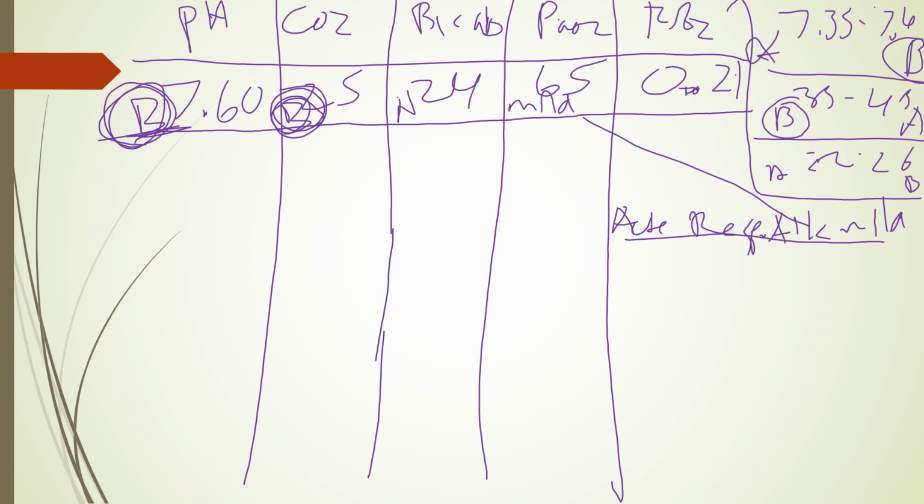And this is just practice, practice, practice, right? There's a couple other ways to do it. There's a tic-tac-toe way to do it. There's a bunch of these out there. I suggest doing it this way. However, as long as you get to the right answer, I'm okay with it, right? Whatever way you can look at a blood gas and be able to interpret it, I am more than happy that you got there.